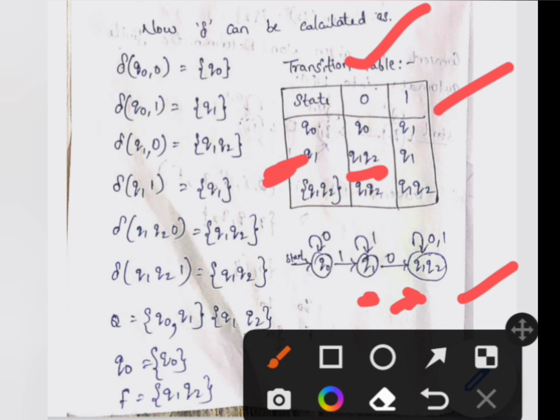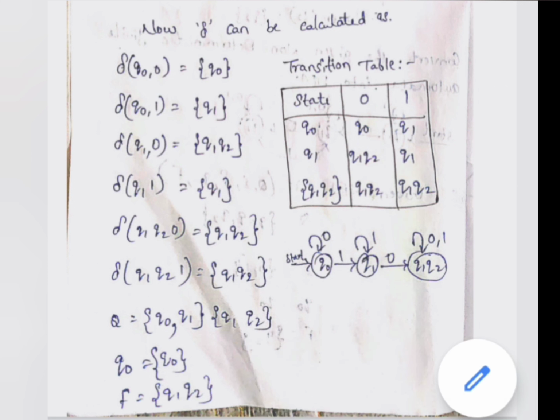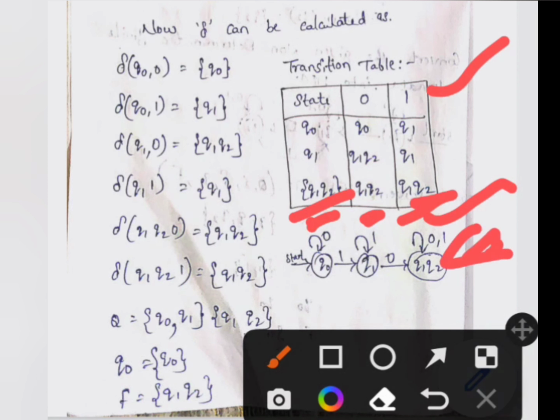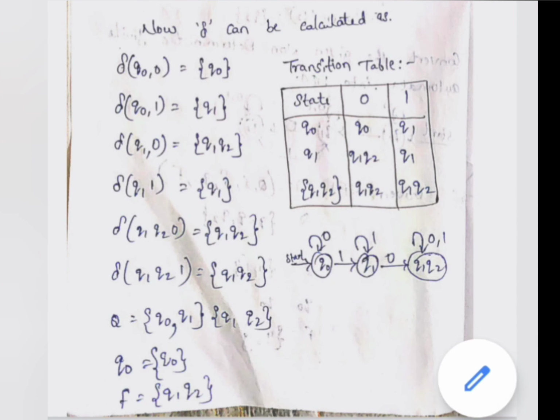Next, Q1 with input symbol 1 moves towards Q1, that means a self loop. Next, Q1 Q2 with 0 moves towards Q1 Q2 only, a self loop. And Q1 Q2 with input symbol 1 moves towards Q1 Q2 only, again a self loop, so we have taken 0, 1. So this is our DFA. We have converted the NFA to DFA. This is the example to convert NFA to DFA.